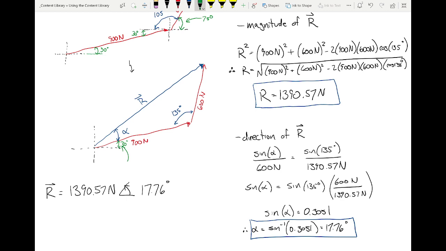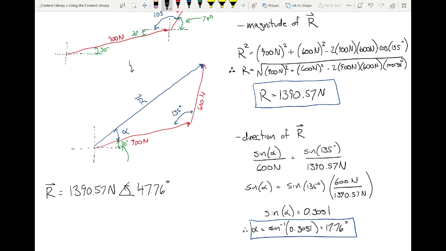All that alpha is just this angle. From the horizontal, it's not 17.76 degrees. It's 47.76 degrees. From the horizontal, we go up 30 degrees to get to this, and then another 17.76 to get to our resultant. Does that make sense? Everybody okay with that?